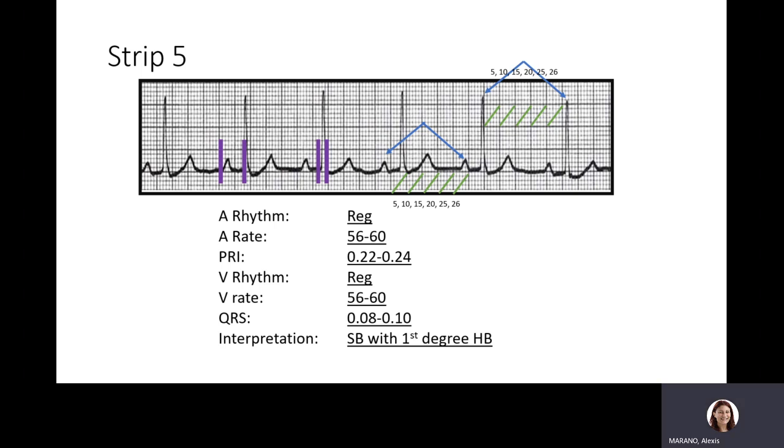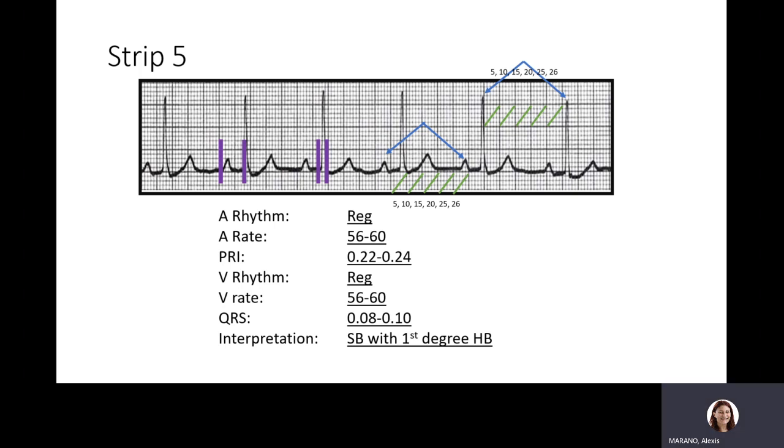All right, our atrial rhythm is regular. To calculate our rate, we're getting 26 small boxes from P wave to P wave. So we have a rate between 56 and 60. PR interval is measuring 0.22 to 0.24. Our ventricular rhythm is also regular.